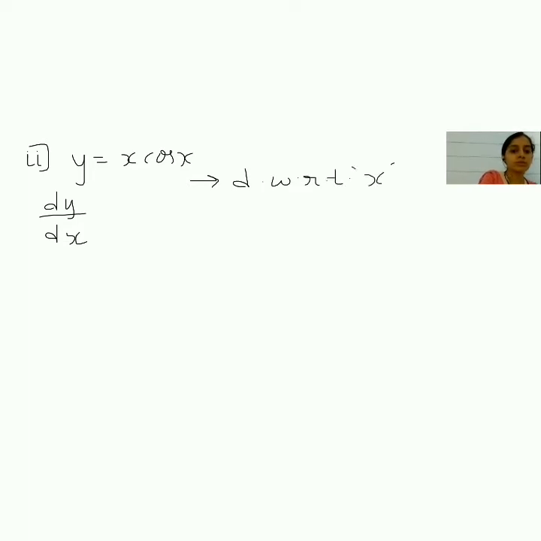So dy by dx is equal to first term as it is, derivative of the second, plus second term as it is, derivative of the first. We are using the multiplication rule over here. So you're going to get cos x minus x sin x.